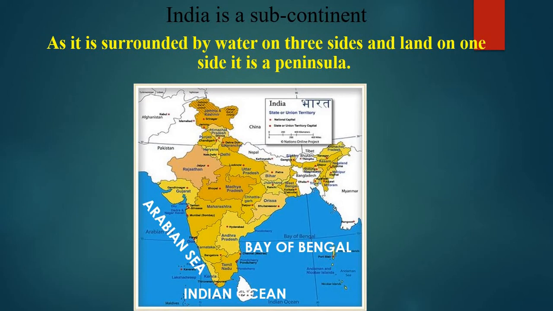And it is also called a peninsula because it is surrounded by water on three sides and land on one side. Three parts water and one part land. That's why it's called a peninsula.